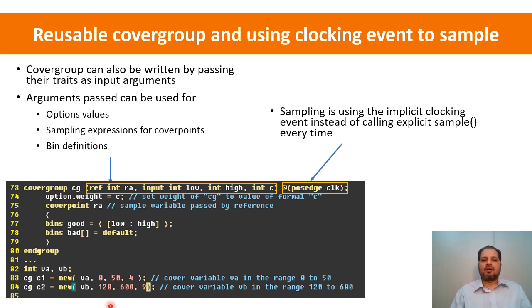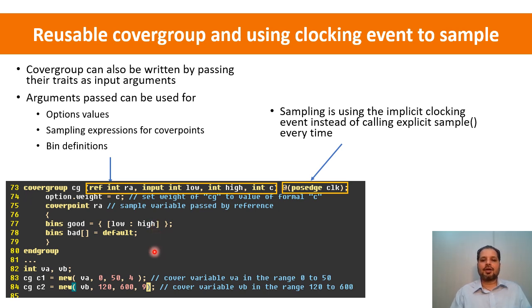For the pass by reference, it will automatically take the values and sample them. And passing arguments has the advantage that now you can customize each cover group, so you can build more reusable cover groups. If I had hard coded this range over here, then the utility of this cover group is low.